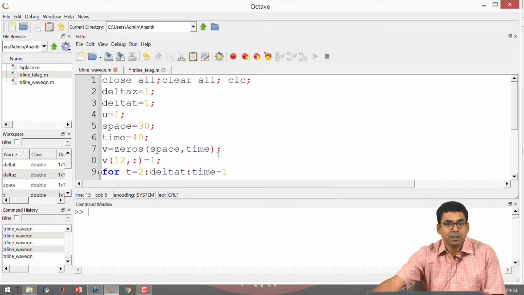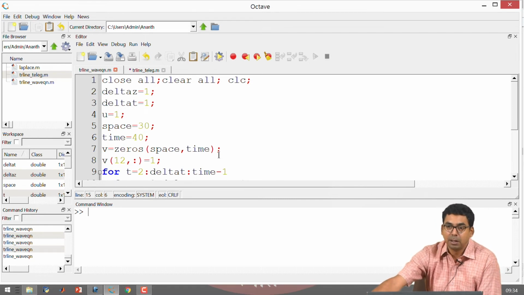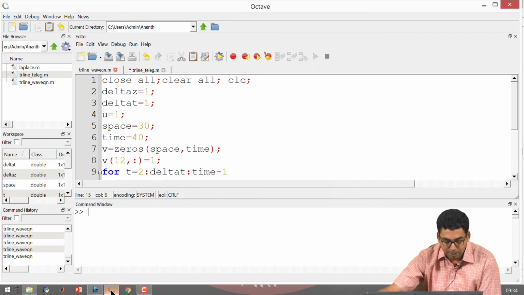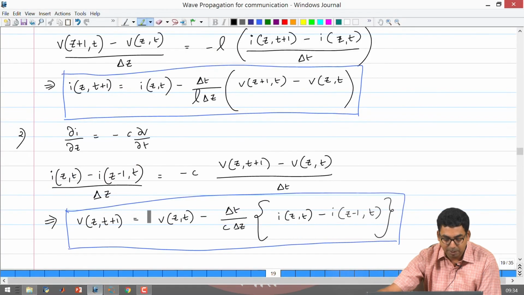Each time after I finish plotting, I do not have any use for the stored value. So, at any instant of time, I am going to be storing the value for the current time step, and I am going to be overwriting that again and again.